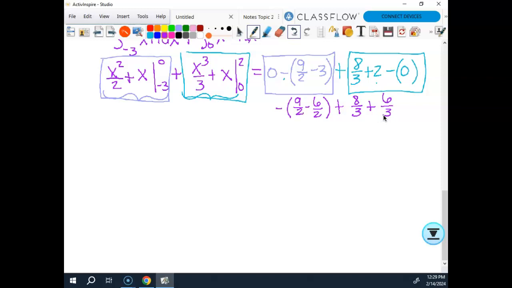So this will give me 9/2 minus 6/2 is 3/2, but that would be negative 3/2, right? Plus 14/3. Then I would need another common denominator, so I'd get negative 9/6 plus 28/6, which would give me 19/6.